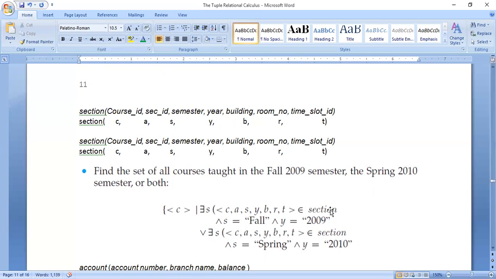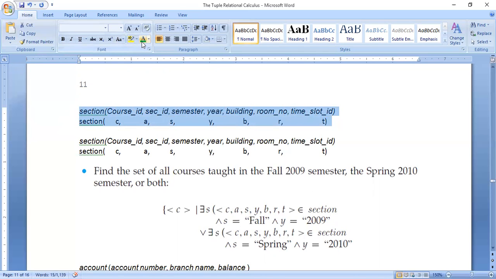But since this is not a join operation, this is a union operation, the first part of the query is very much different from the second part of the query. So once we will be writing the query with this green, and the second time for the union operation we will be writing the query for this black section.